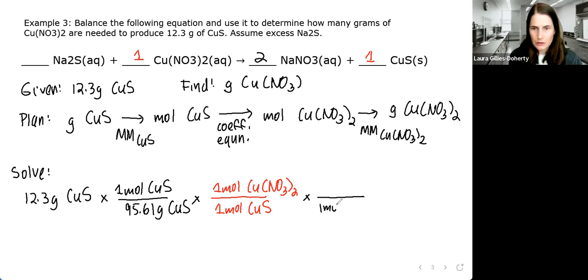So 1 mole of copper 2 nitrate, and let's calculate how much that weighs. So I'm going to calculate the mass of nitrate and multiply that by 2, plus the mass of copper. And I get 187.57 grams.